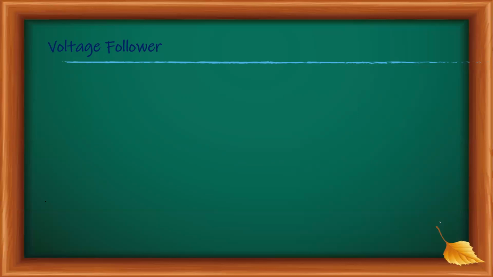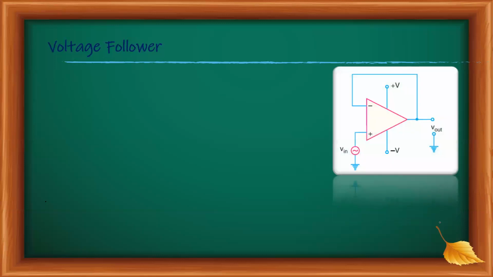We have discussed in non-inverting amplifier when the value of RF divided by RI ratio is approximately equal to 0, the gain must be equal to 1. Look at the figure.